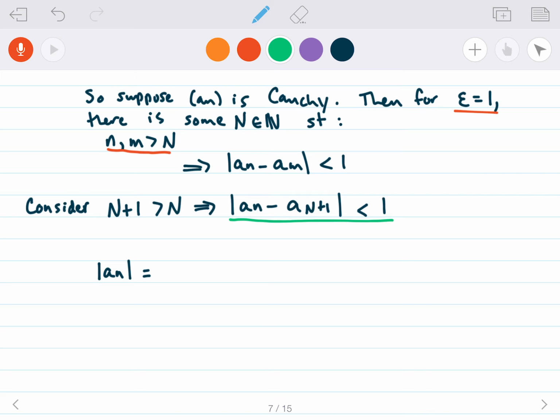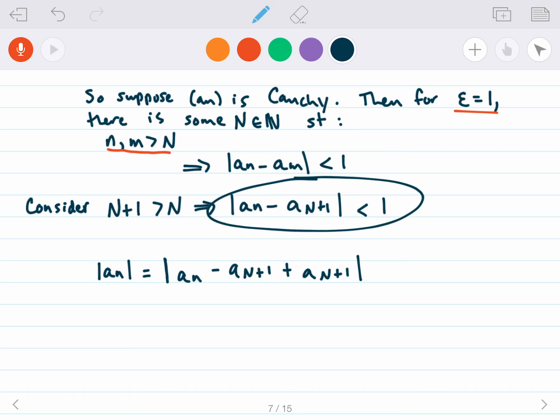I know that this thing is less than 1. So I want to somehow incorporate an a sub capital N plus 1 in my work. Okay, so the triangle inequality is going to tell me that, well, first of all, a sub n can be written in a sneaky way as a sub little n minus a sub capital N plus 1, plus a sub capital N plus 1. Okay, notice that now I see this in there.